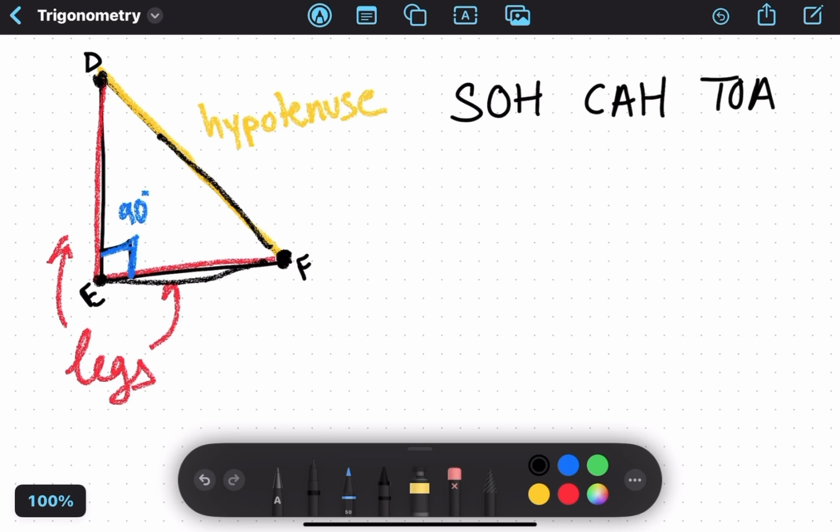SOHCAHTOA is an acronym for helping students, or just anyone in general, remember trigonometric ratios. There's three things that are important when doing this: secant, cosecant, tangent.